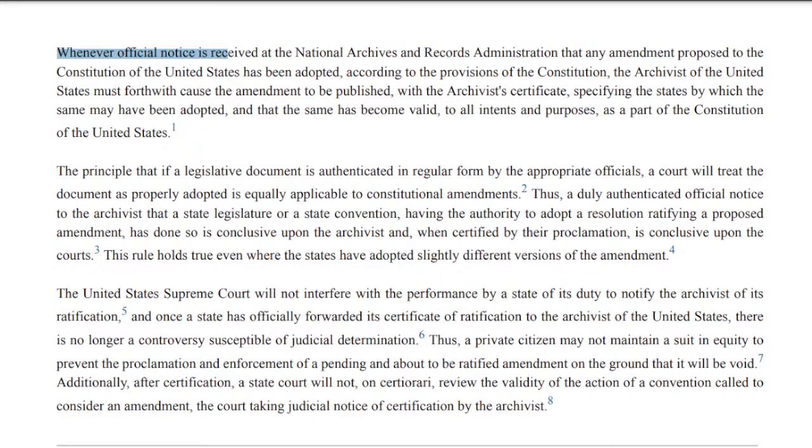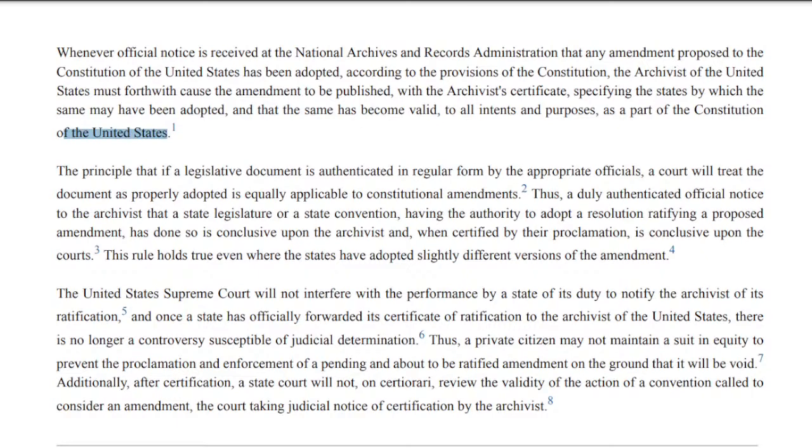Whenever official notice is received at the National Archives and Records Administration that any amendment proposed to the Constitution of the United States has been adopted, according to the provisions of the Constitution, the archivist of the United States must forthwith cause the amendment to be published, with the archivist's certificate specifying the states by which the same may have been adopted, and that the same has become valid, to all intents and purposes, as a part of the Constitution of the United States.